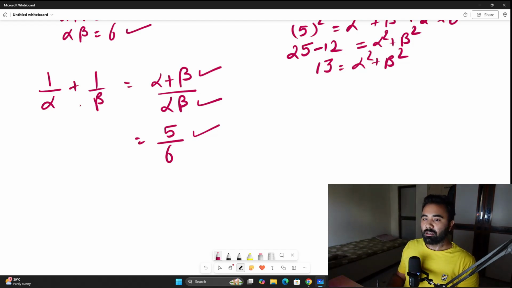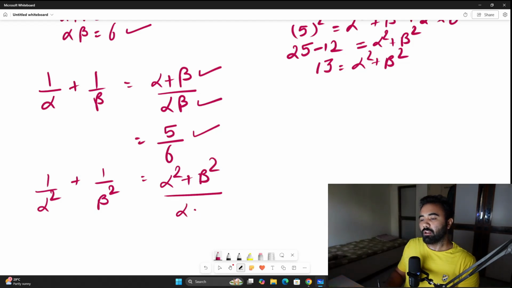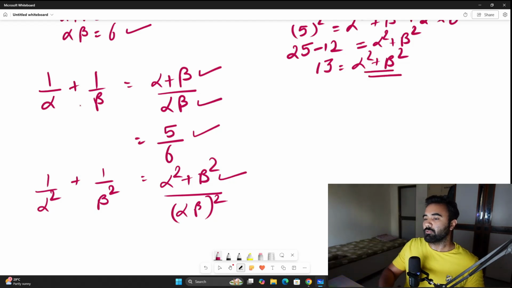Sometimes they will make it square. For example, 1 upon alpha square plus 1 upon beta square. In that case, the same rule applies, that is alpha square plus beta square upon alpha beta whole square. Now how shall you do this? We have already calculated the value of alpha square plus beta square.